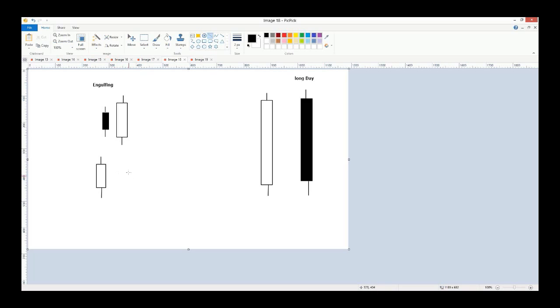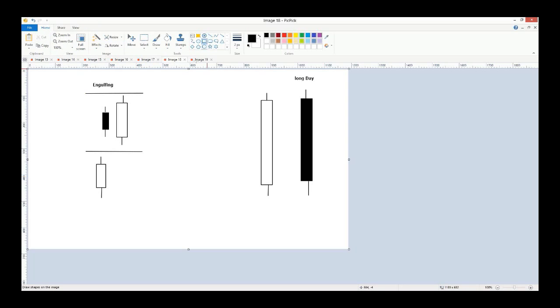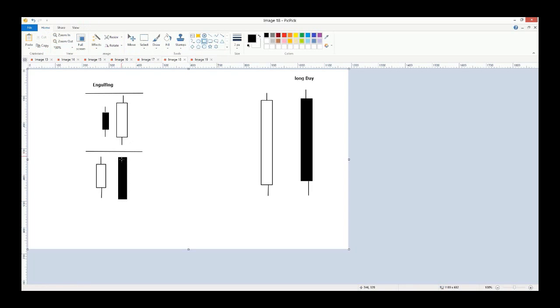At the same time, that's, by the way, a bullish engulfing formation, and the bearish engulfing formation is going to be a black, bearish candlestick engulfing the previous one.